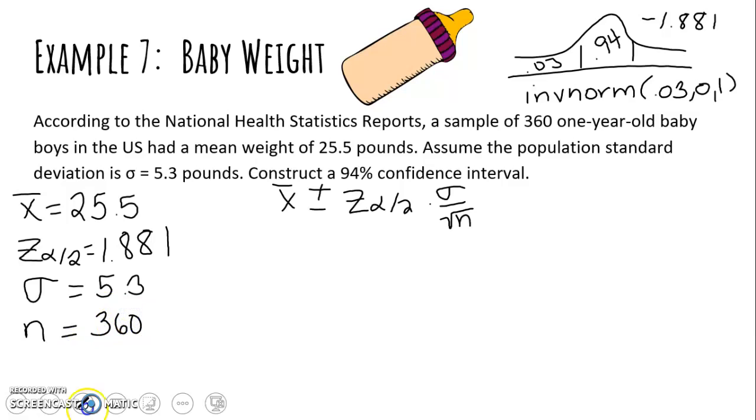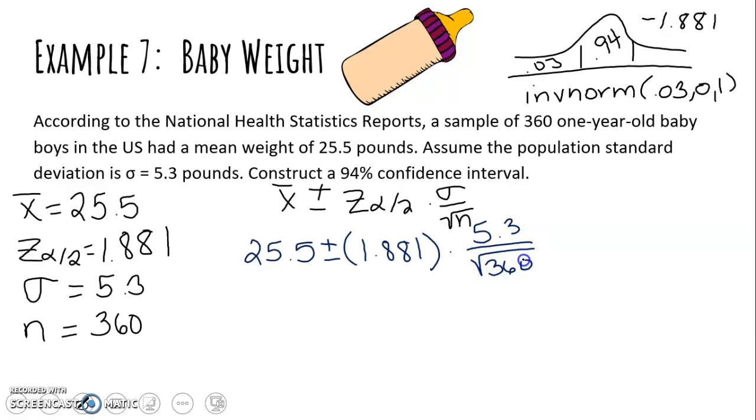So now we're just going to fill in the pieces that we know. 25.5 plus or minus 1.881 times 5.3 over the square root of 360. And you're going to get two answers. Once you're going to do it with the minus sign, and once you're going to do it with the plus sign.